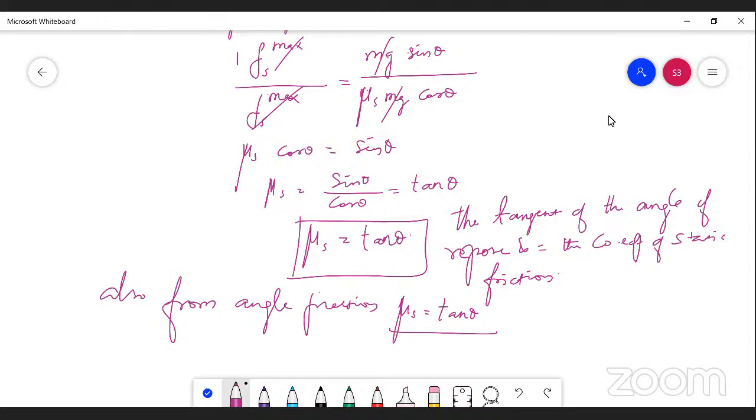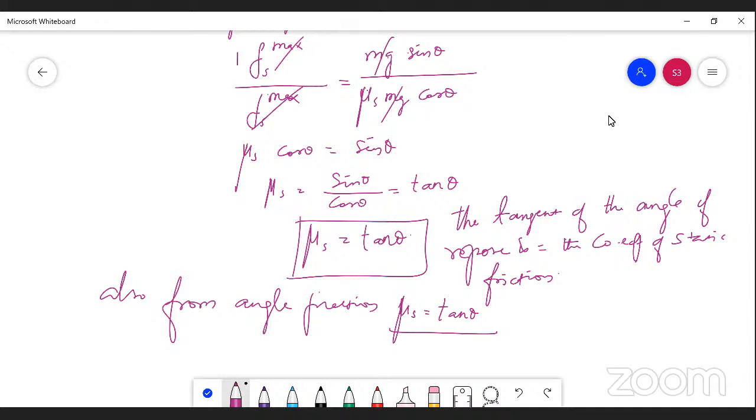So nothing is different in these expressions. Whether it is angle of friction or angle of repose, the expressions are the same. Mu s is equal to tan theta.